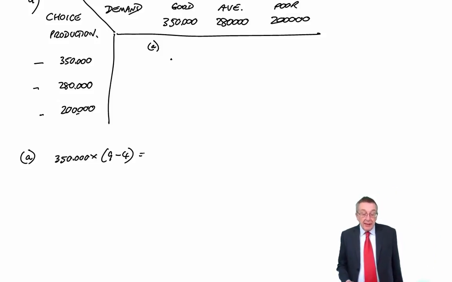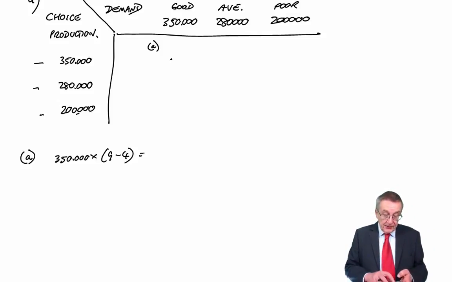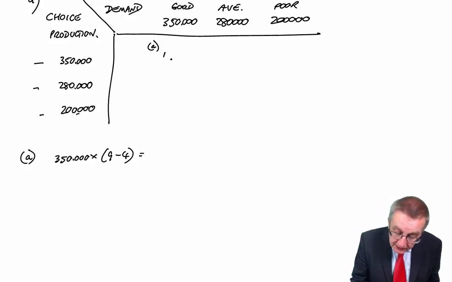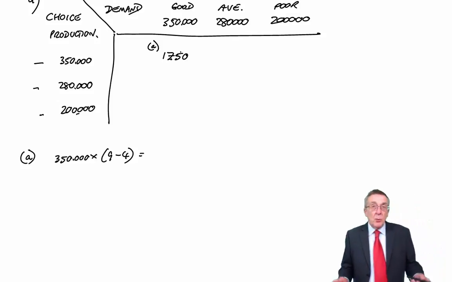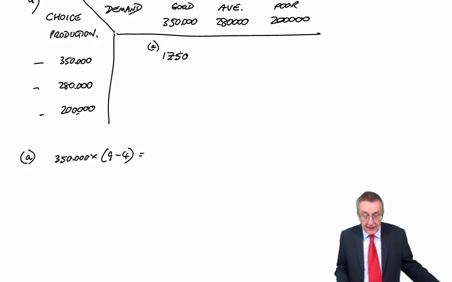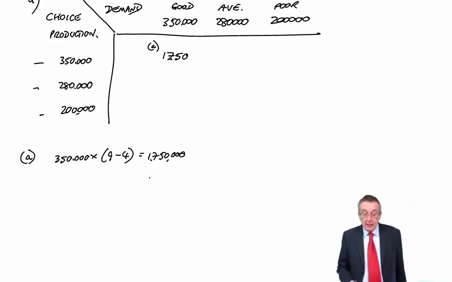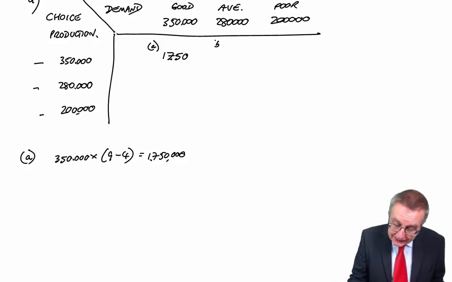And so we'll make $5 a bag, and on 350,000 bags, that gives us 1,750,000. And don't waste time writing 000 all the time. It's your choice, but it's silly. So no problem. What about B?